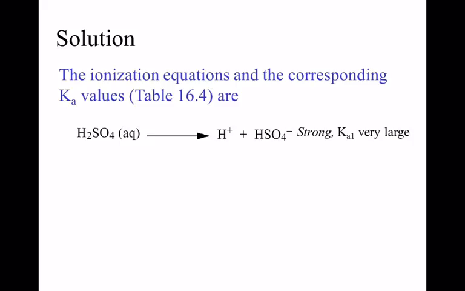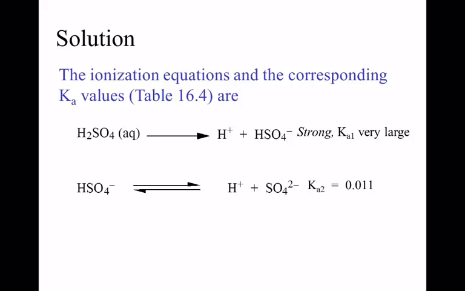This is the hydrogen sulfate ion. Just to make sure we're all on the same page, we said this is 0.10 molar, right? So in this case, this is 0.10 molar. Do you buy that? Okay, good. And this is also 0.10 molar. We'll call that ionization step 1.